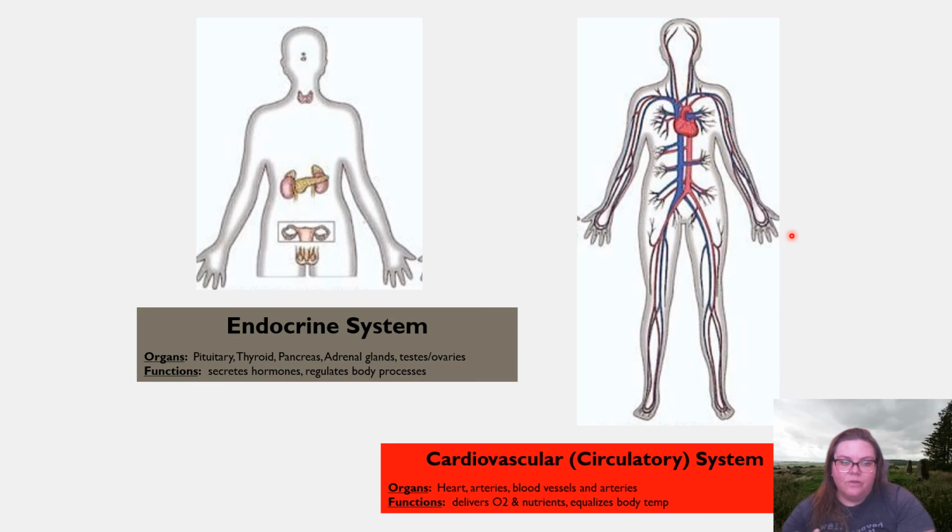These secrete hormones and regulate the body's processes. It is the first system that you talk about within A&P 2. The cardiovascular or circulatory system is the heart, arteries, blood vessels, and for some reason I have arteries twice. Anyway, it delivers oxygen and nutrients as well as helps to equalize your body temperature.